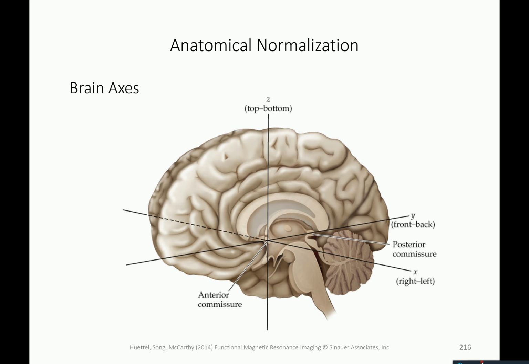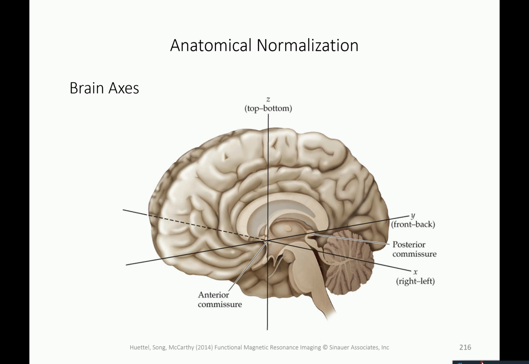Anatomical normalization. What this refers to is getting the brain of a single participant into some common space, so that you can compare the activations of different participants and maybe even do a group analysis where you have a voxel that refers to the same brain area in different participants.